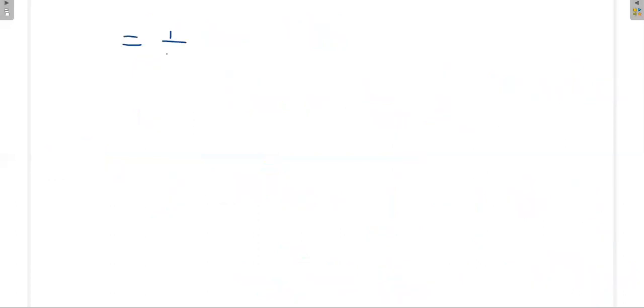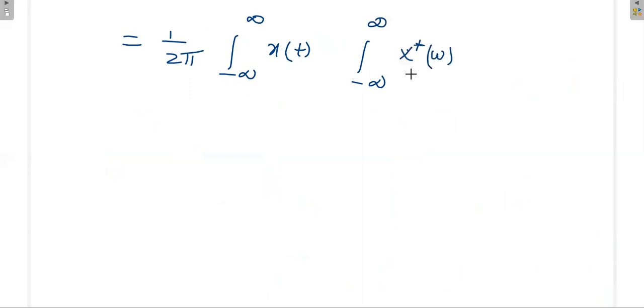Okay, you take that star inside. So this is 1 by 2 pi integration minus infinity to plus infinity x(t) integral minus infinity to plus infinity X star of omega e power minus j omega t d omega dt.